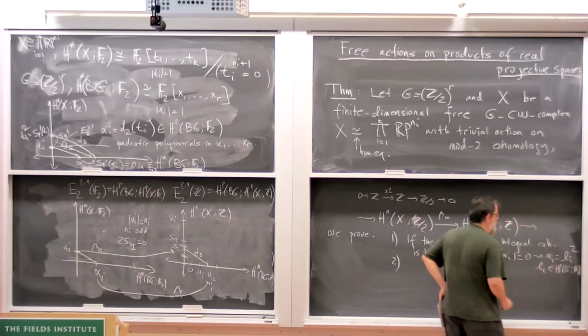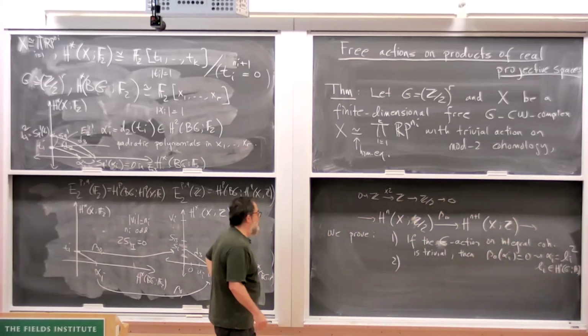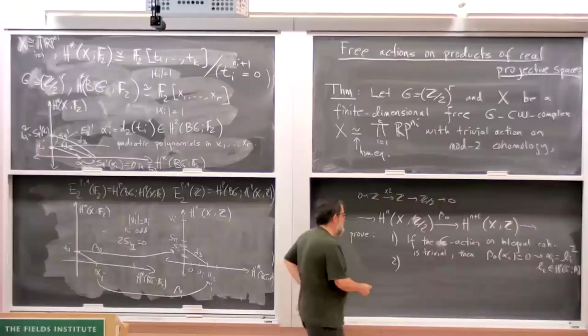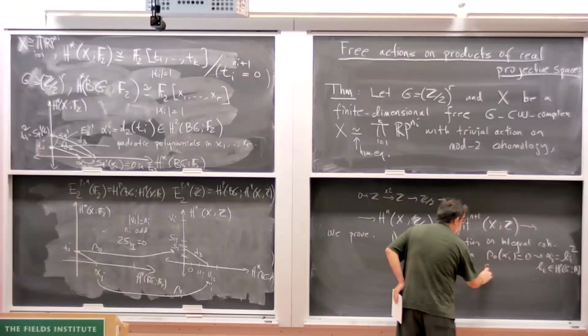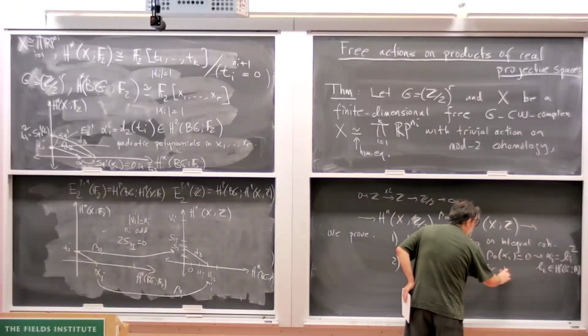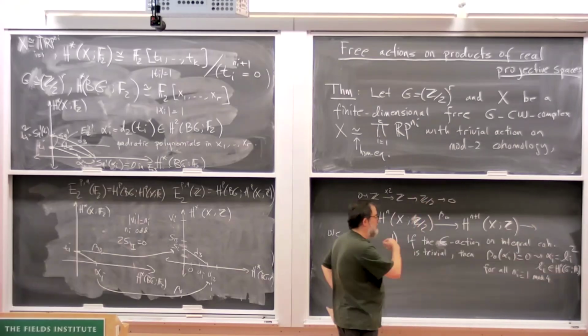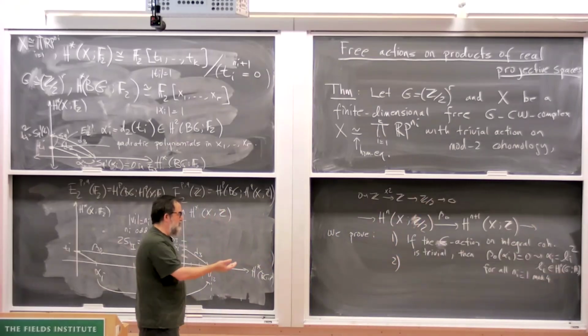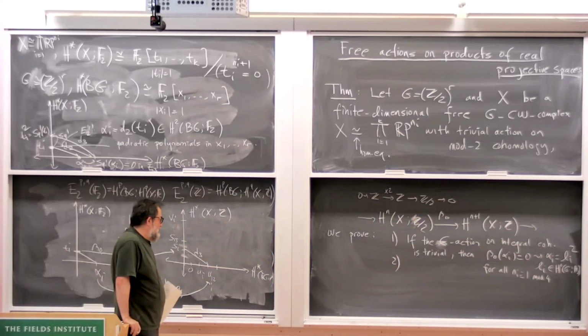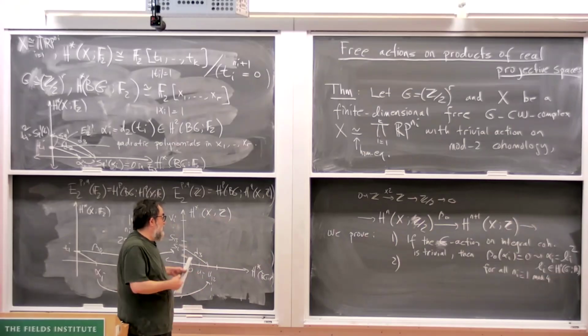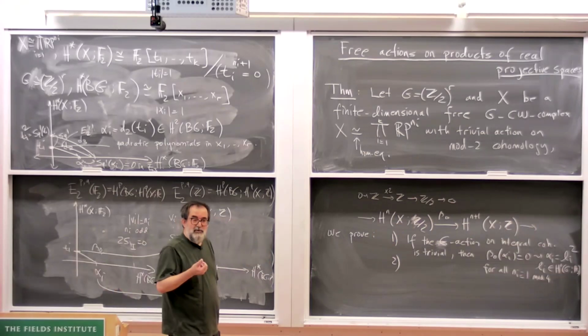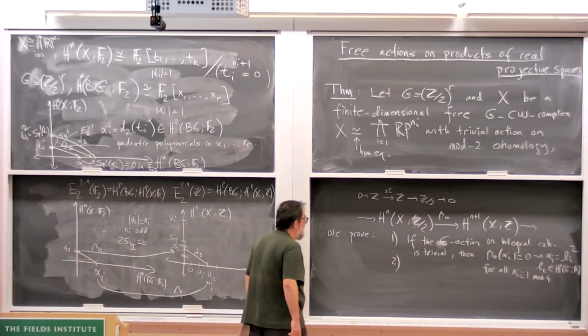So they have to be a square polynomial. If the G action is trivial, this will be true for all Ni equal to 1 mod 4. So instead of saying that the Steenrod powers fall in the ideal, you say something stronger, that their integral Bockstein is 0, and that forces that polynomial to be a square polynomial.